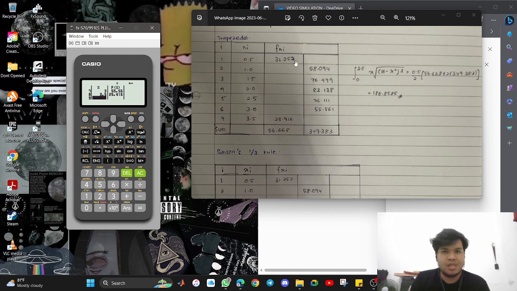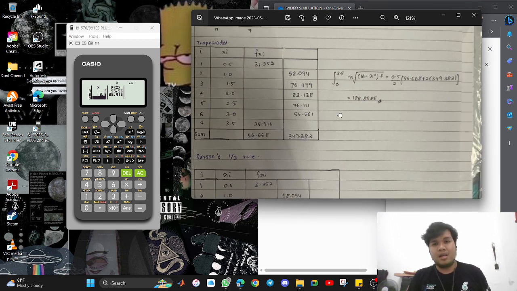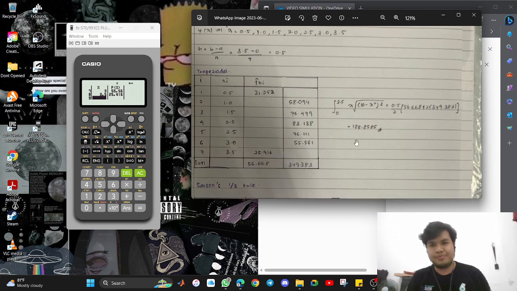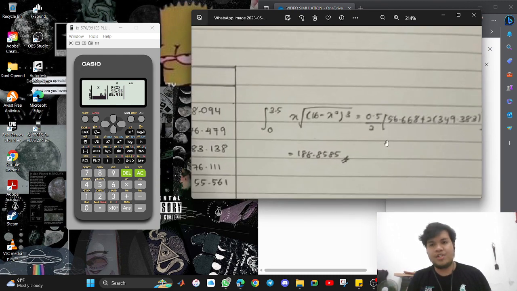So sum with the first and the last one. I'm using trapezoidal method. For the first sum, I need to plus the first and the last value. So the rest of them will be the next sum. So here are the equations.